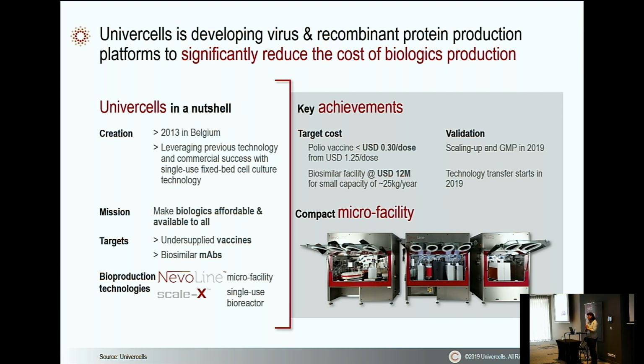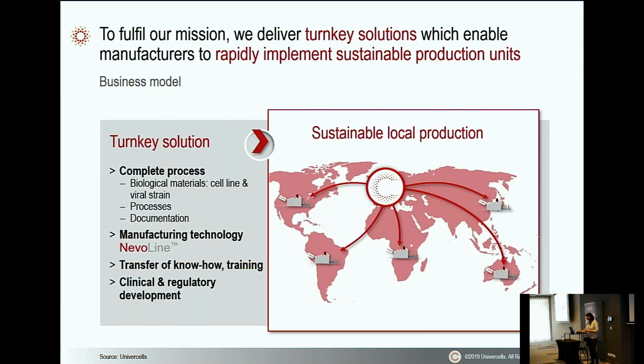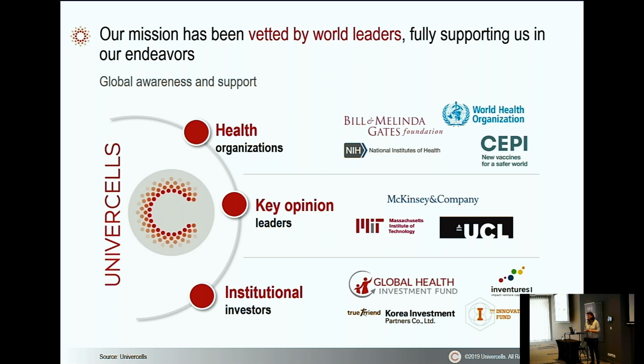And the type of products we develop are there to reach this goal. The first project we developed was the polio vaccine. The goal was to decrease the price of this vaccine, and so Universals developed a project which was afterwards boosted by the help of the Bill and Melinda Gates Foundation.